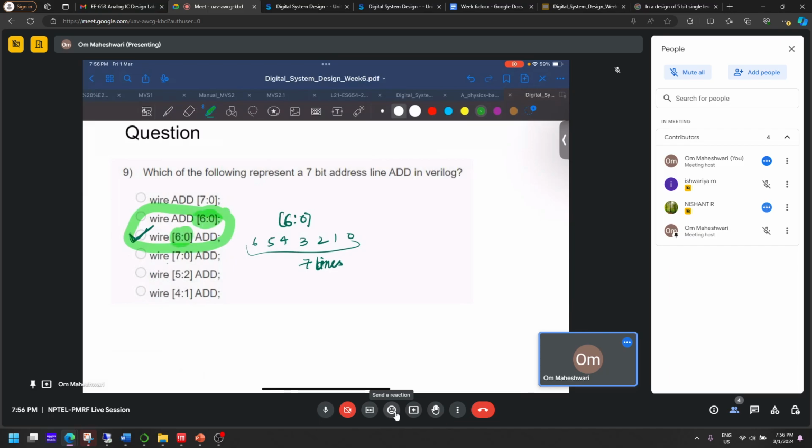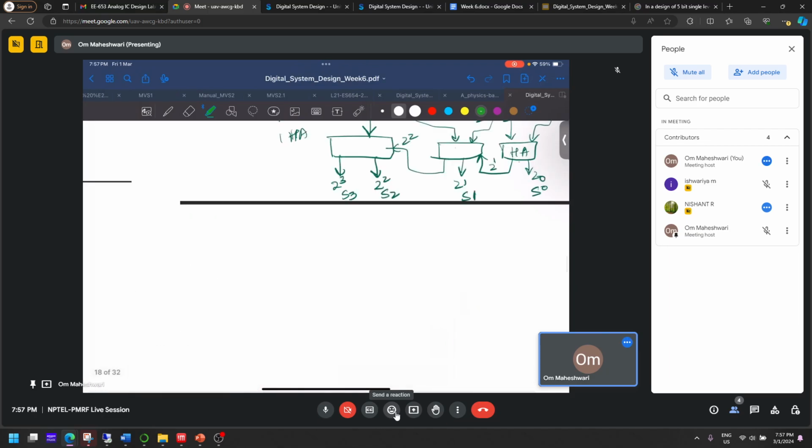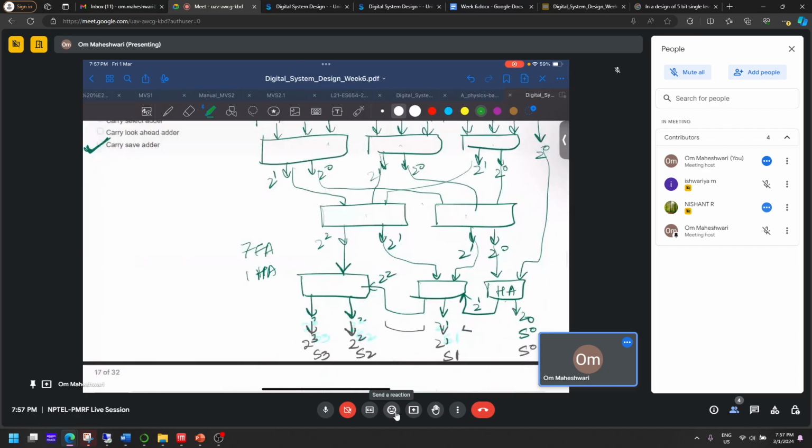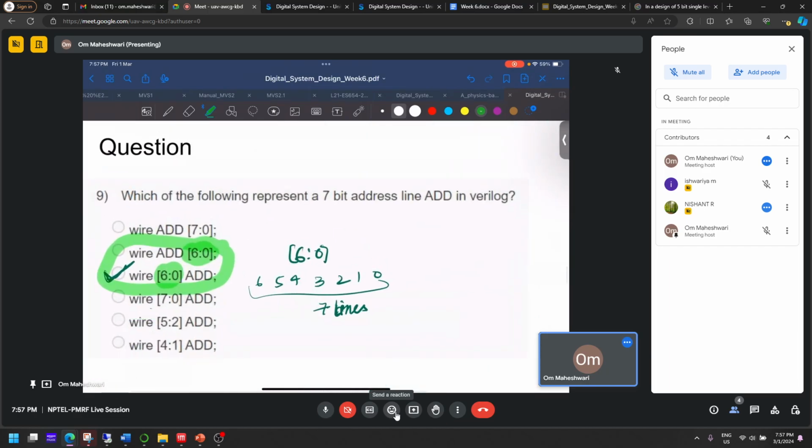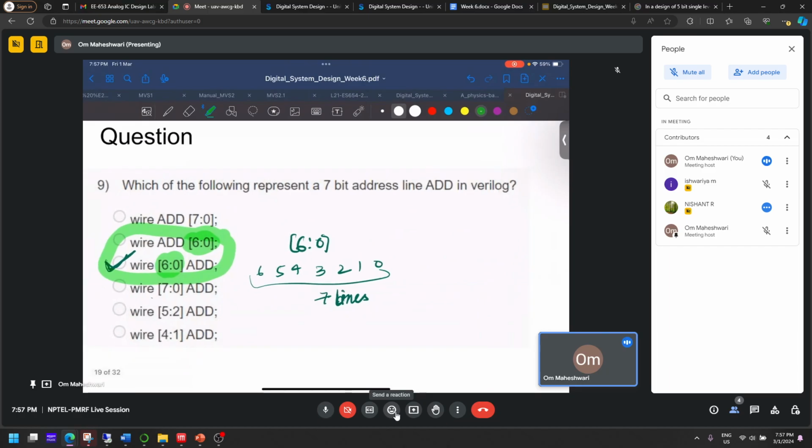So you should practice Verilog very well. First of all, that is I think the goal of the course, that you learn Verilog well. Second thing is again everything is basic logic, right? There's not much of anything very hard. There is nothing very hard.